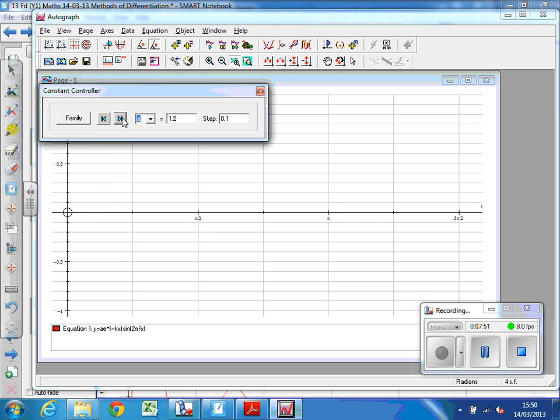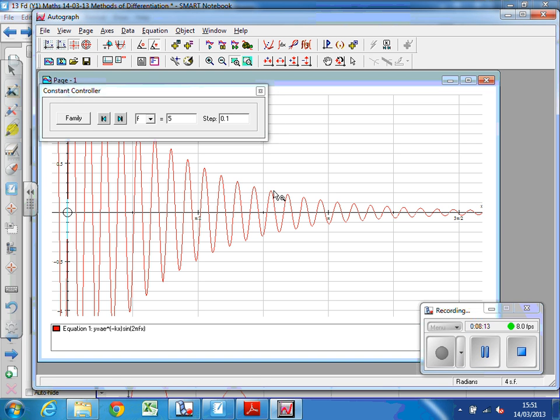I can either type 2 in there or just increase it till it gets to 2. Note what effect that's having on the wave function. What else did we have? k is 0.9 and f is 5. Let me just type in 5 there, it's a bit quicker. Okay, and that's what our wave is going to look like.